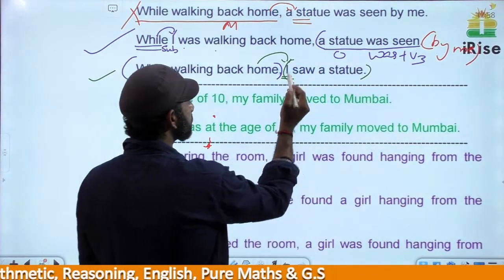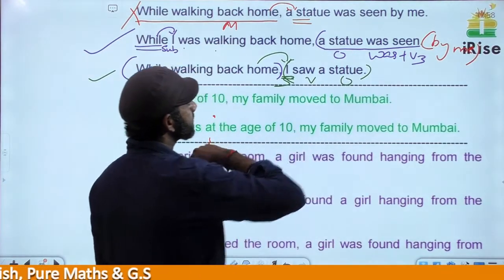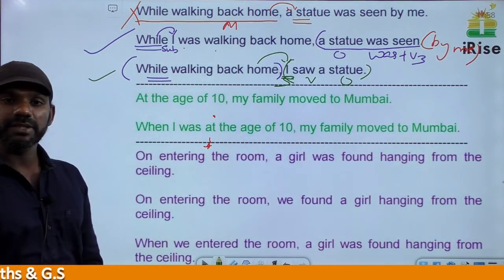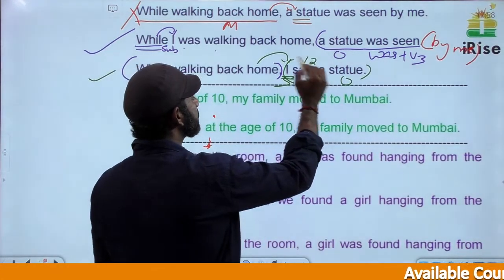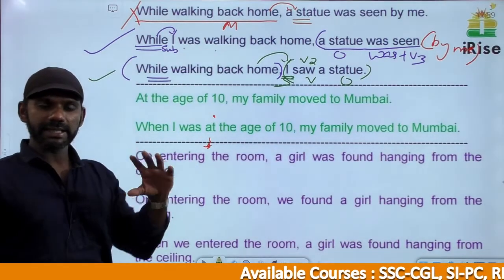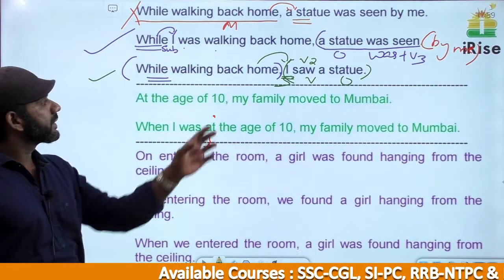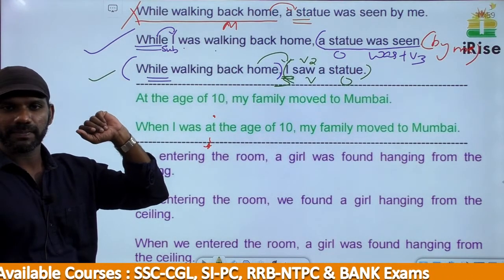I is the subject, saw is the verb, a statue is the object: subject, verb, object, active voice. And saw is V2, V1 and V2 will never come in the passive voice. Both the sentences are grammatically correct, with the same meaning. The only thing is this one is in the passive voice, this one is in the active voice.